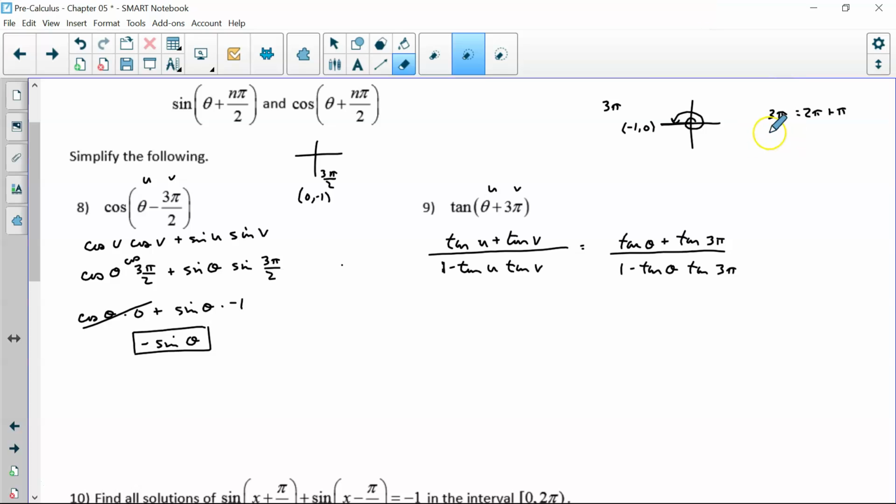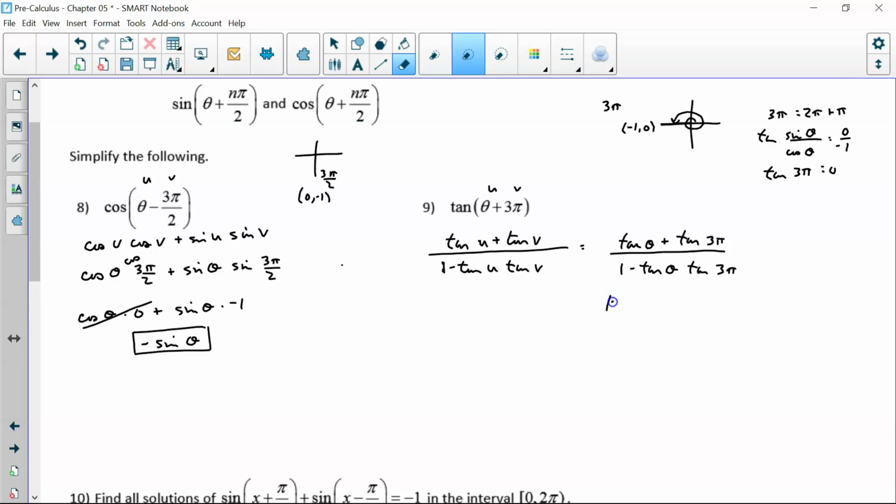Now the tangent is sine theta over the cosine of theta. That's y divided by x, and that's 0 divided by negative 1. So the tangent of 3 pi is 0.